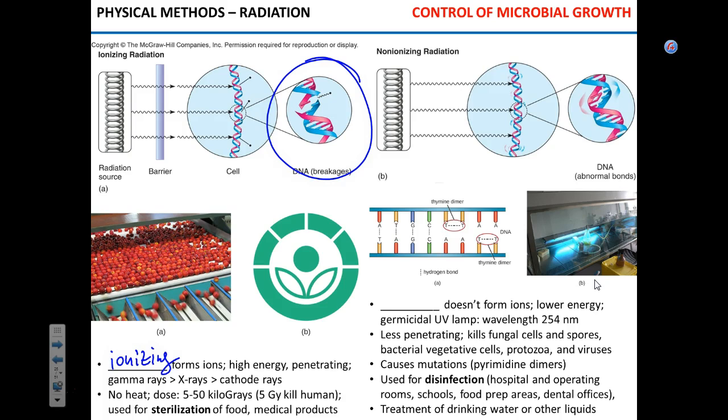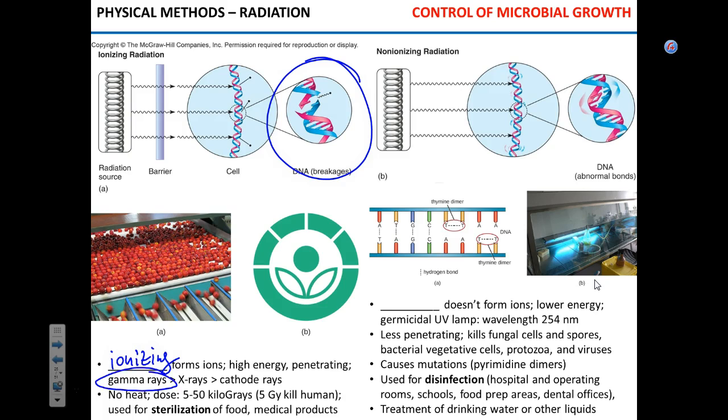So these DNA breaks make microbes unable to replicate, and they die, essentially. There are three types of ionizing radiation: cathode rays, X-rays, and gamma rays.